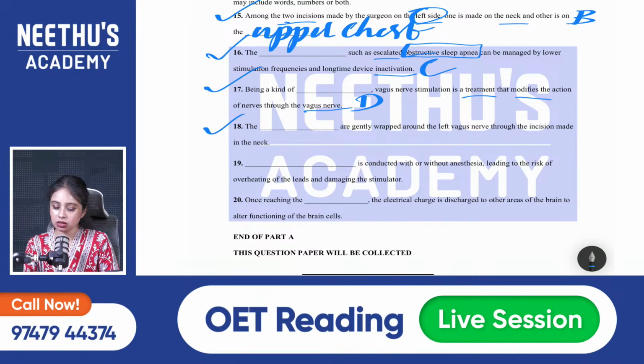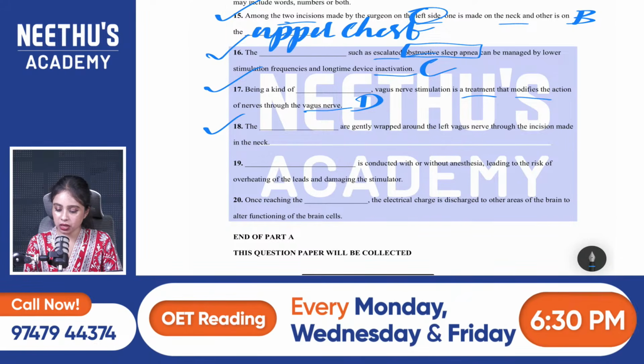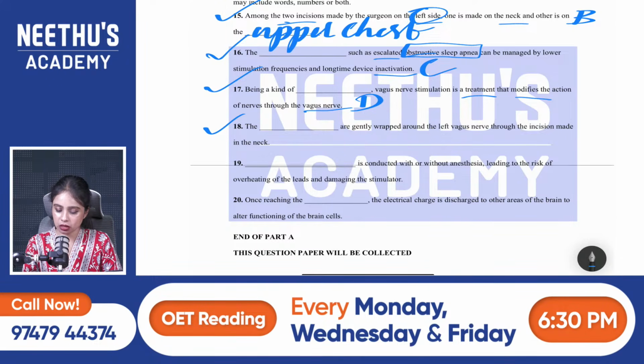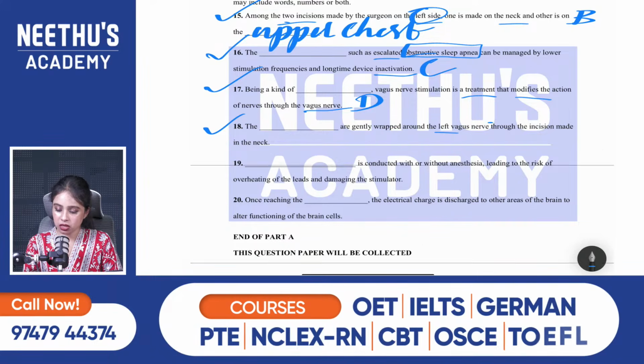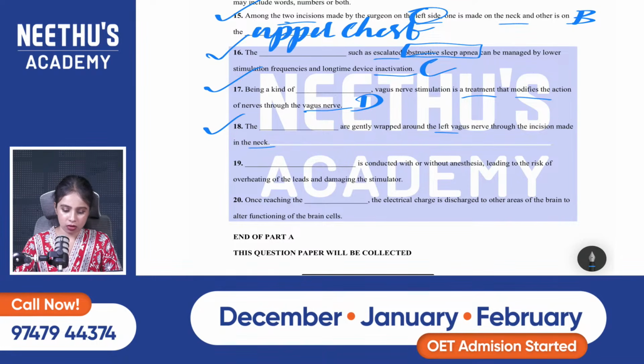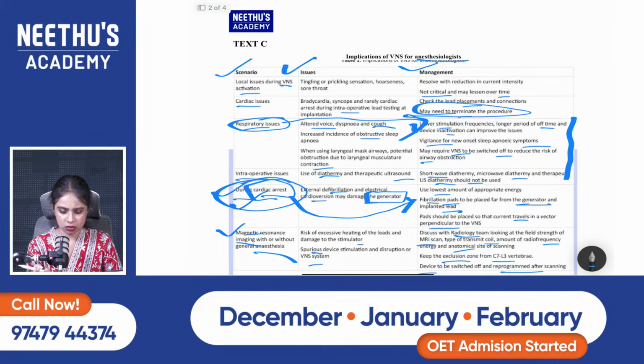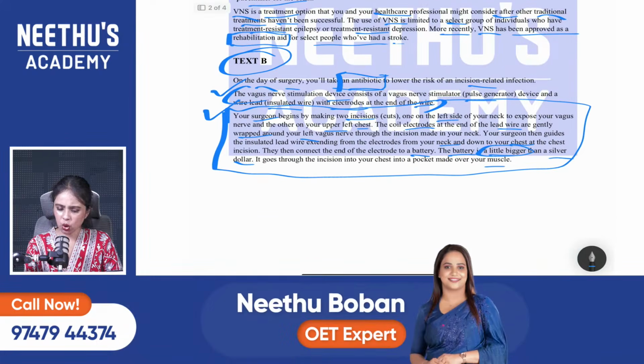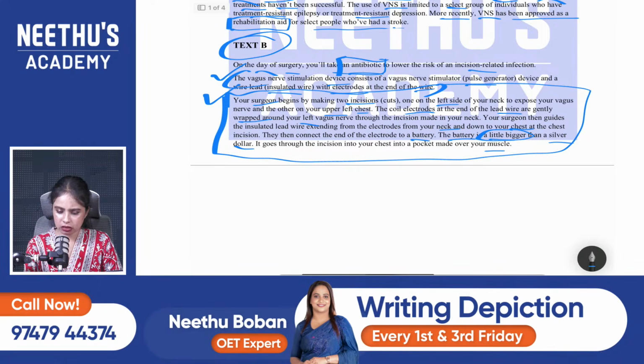18th one: the dash are gently wrapped around the left vagus nerve through the incision made in the neck. So left vagus and the neck. What is that one? I think some kind of coil or something, right? Because I've seen that word somewhere.